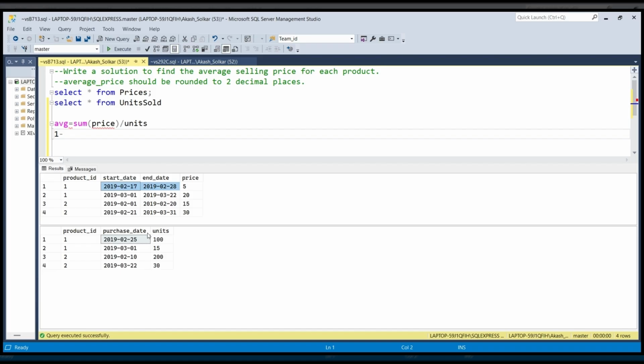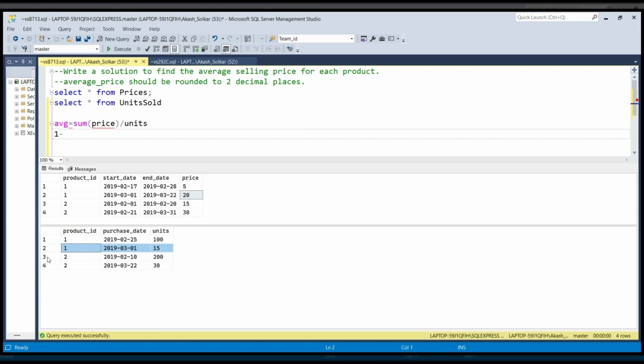So for product ID 1, 100 units sold when the price was 5 rupees. For product ID 1, if you see the 1st of March, that comes between the start date 1st of March to the 22nd March, at that time the price was 20 rupees. So product ID 1, 15 units sold when the price was 20.